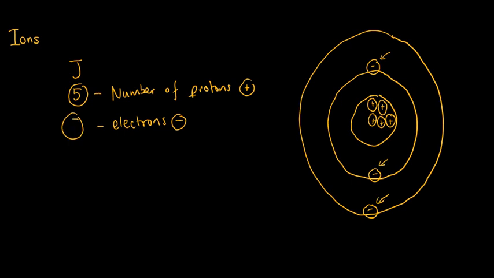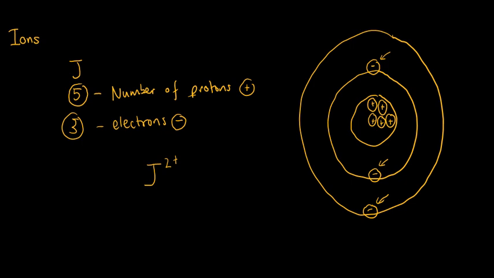I have 3 now negative, what we call subatomic particles, meaning either protons, neutrons, or electrons. So I have 3 electrons which are negatively charged and 5 protons which are positively charged. So the way I'm going to write this is I'm going to write J with a 2 plus to show that this has 2 more protons than it has electrons.